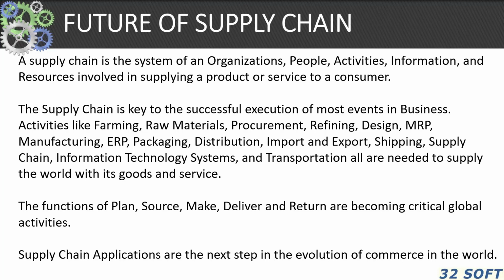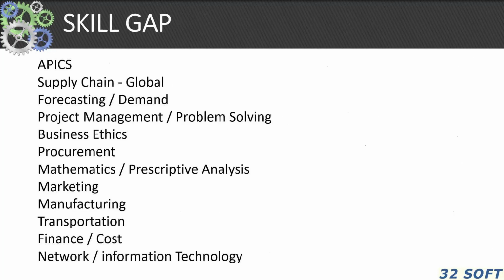Such activities as farming, refining, procurement, raw material, design, MRP, manufacturing, distribution, import, export, shipping, transportation, information are all needed to supply the world with the goods and services it requires. The functions of plan, source, make, deliver, and return are becoming global activities. Supply chain applications are the next step in the evolution of commerce in the world. It is a great time to be in the supply chain.